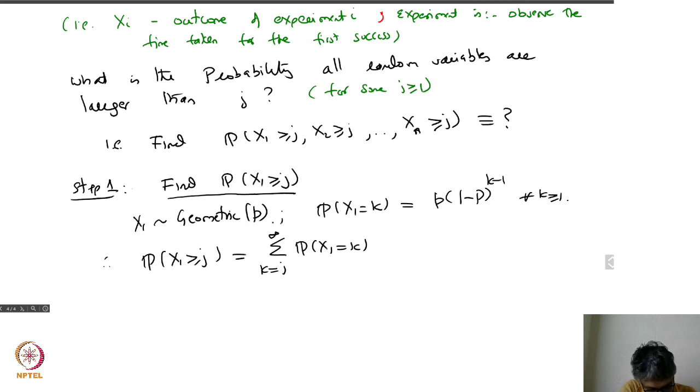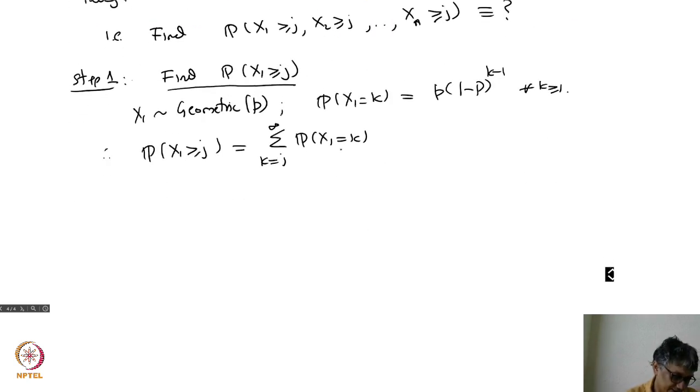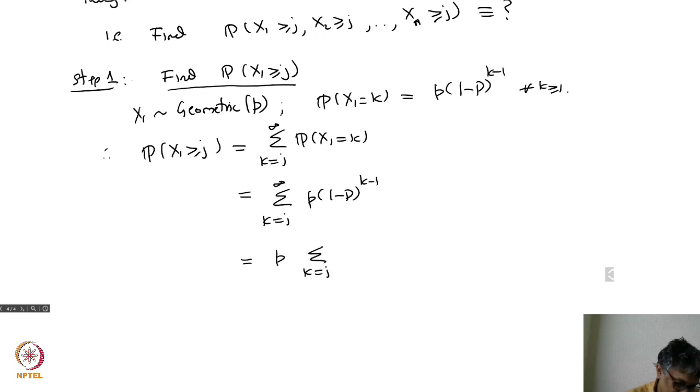That's what you're doing. But you already know the chance of x equal to k is this expression, so you plug that in: the sum from k equal to j to infinity of p times (1 minus p) to the k minus 1. And that's the same as p times the sum from k equal to j to infinity of (1 minus p) to the k minus 1.